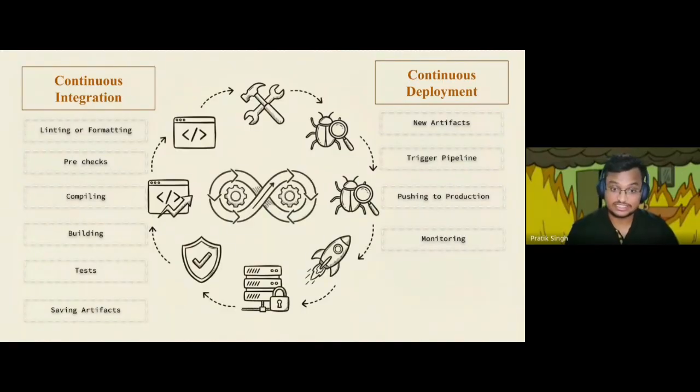As is very clear, the next stage is tests. Once the building has been done and people are sure that things are compiling and building, there is a suite and a plethora of test cases that developers come up with. They want to make sure that if you're working on feature A, it does not impact feature B. For example, if you use WhatsApp on a daily basis, a developer is working on the feature that records your voice notes, and another developer is concerned that the voice note feature should not impact the feature that helps you call on WhatsApp.